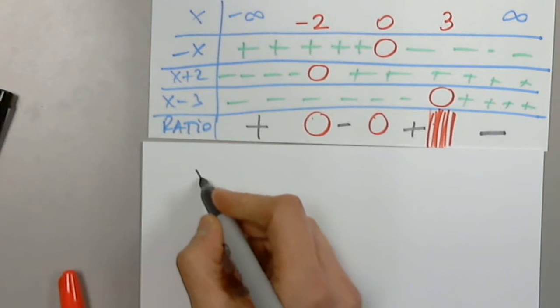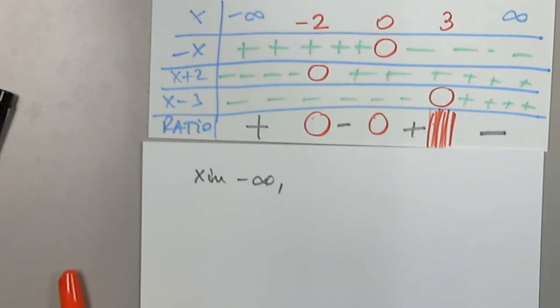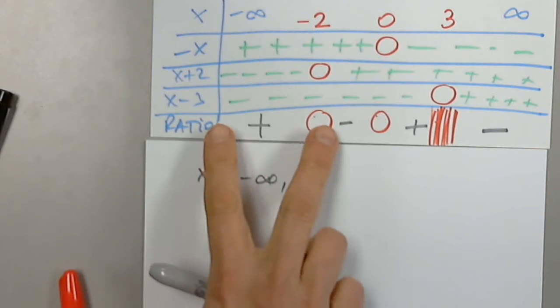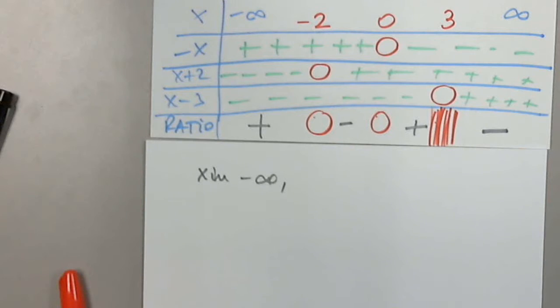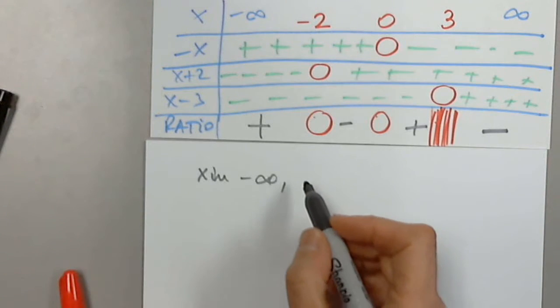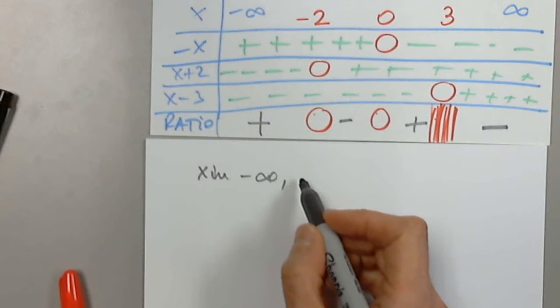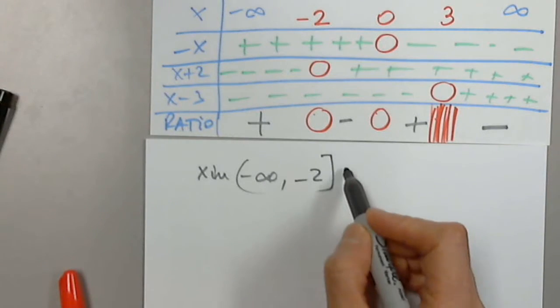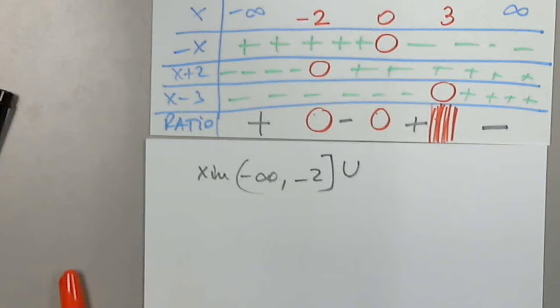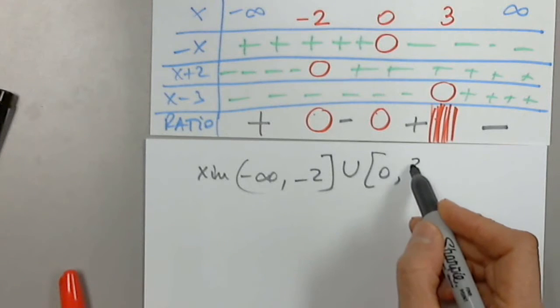Yes? X in the interval negative infinity to, it's positive here. If you say 3, then you're also including the negative. So negative infinity to negative 2, closed, union, 0, comma, very good.